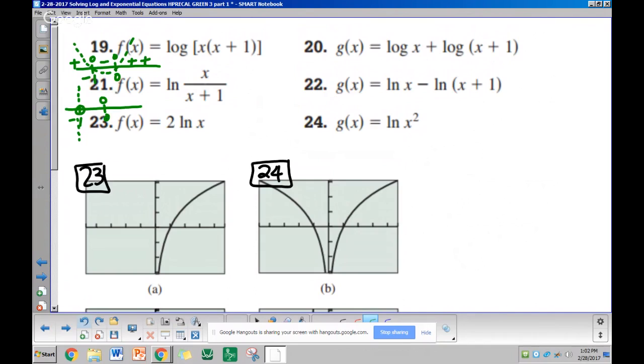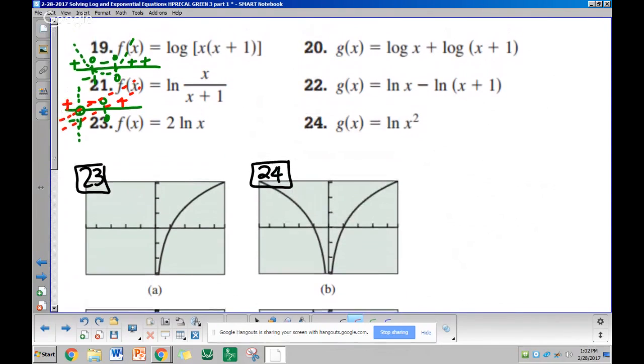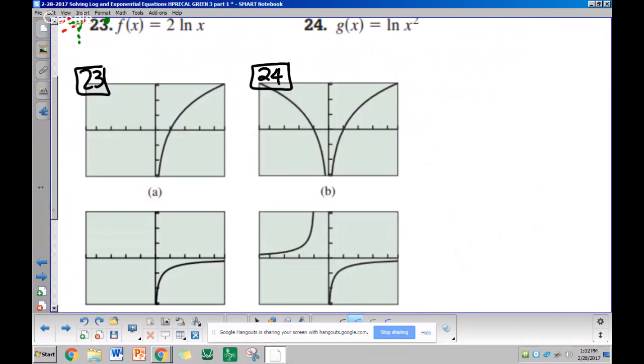And what kind of shape or curve is the numerator? It's a line with a positive slope. And the denominator is also a line with a positive slope. So what's my sign chart here? We have negative and a negative on the left, positive and then negative and then positive. So this one has the same domain as 19.